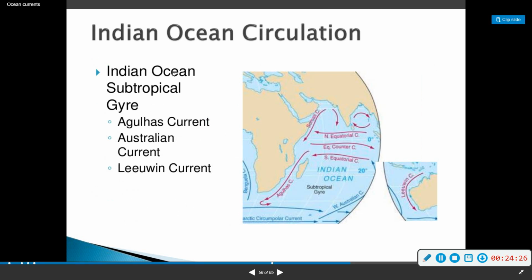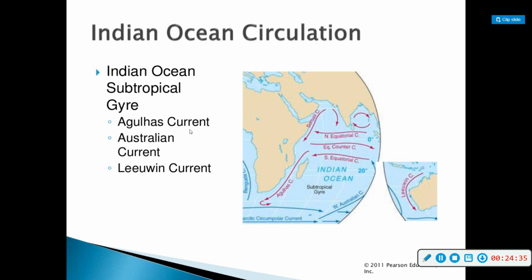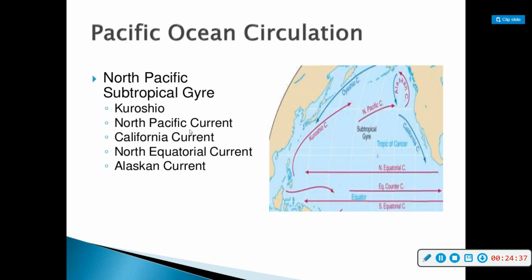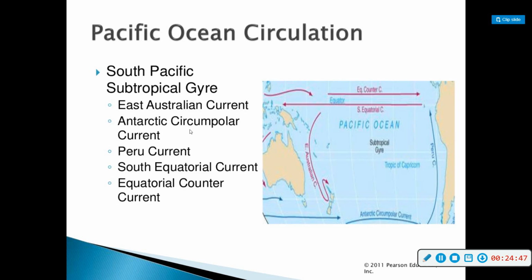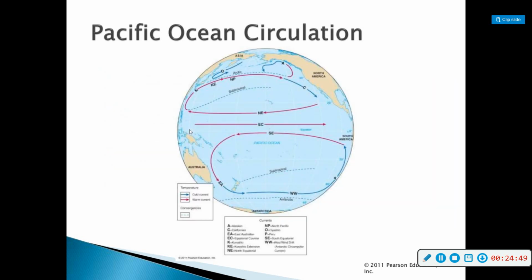Indian Ocean circulation is a subtropical gyre. You have the Agulhas current, Australian current, and the Leeuwin current. Then you have the North Pacific subtropical gyre: Kuroshio, North Pacific, California, North Equatorial, and Alaskan. You have more of those that we're just not going to get into, and then here's some more.